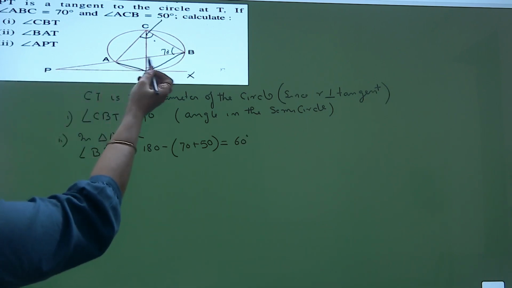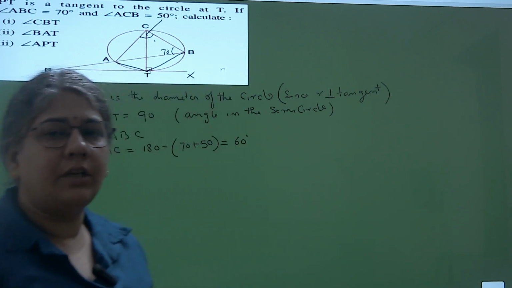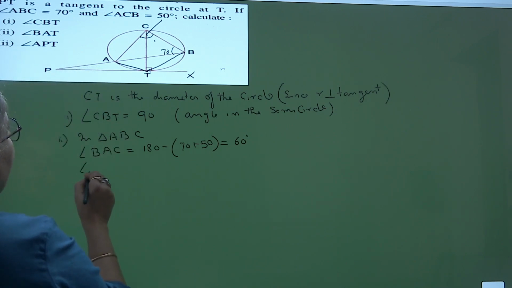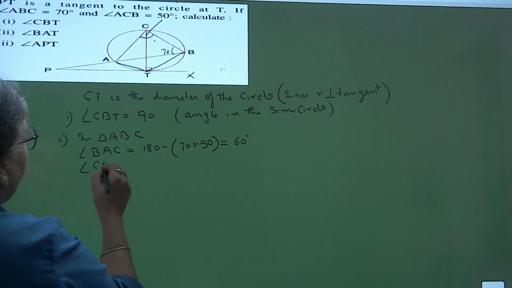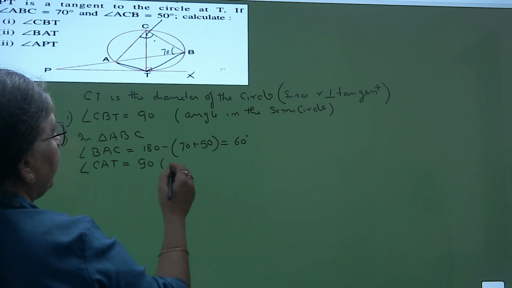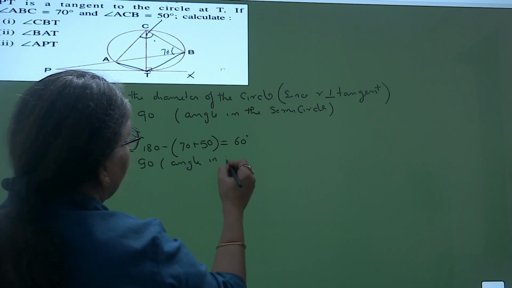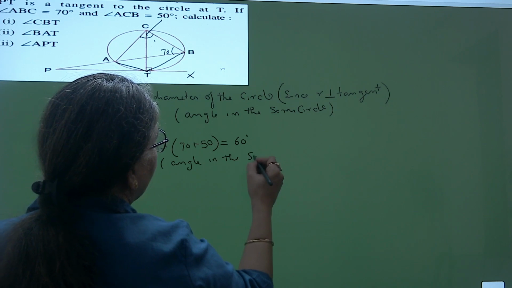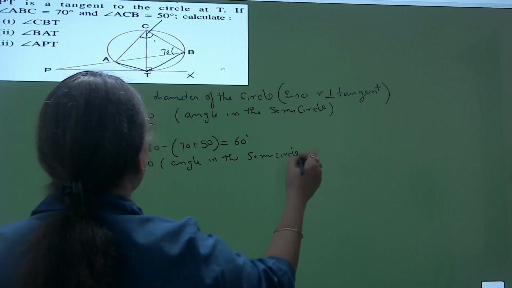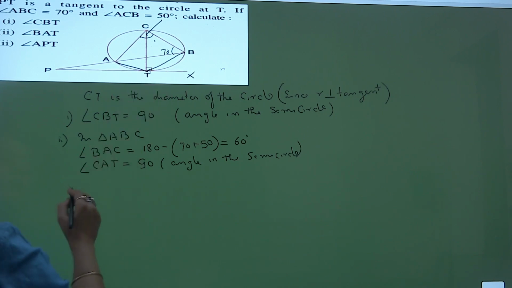Okay. Now angle CAT is also 90 degrees. Again by the same logic, angle in the semicircle is 90 degrees. And again we can write angle CAT is 90 degrees. Reason is angle in the semicircle. So now we can find angle BAT.